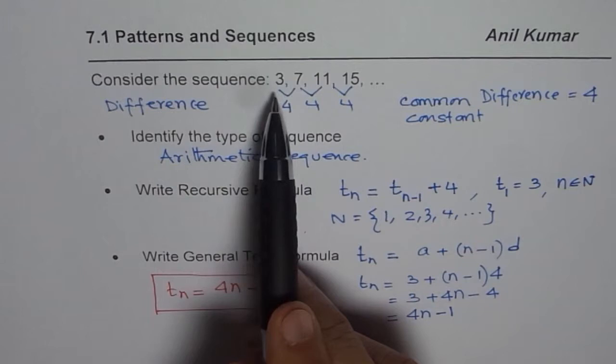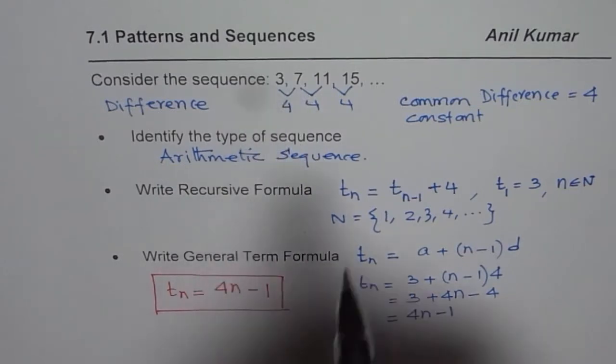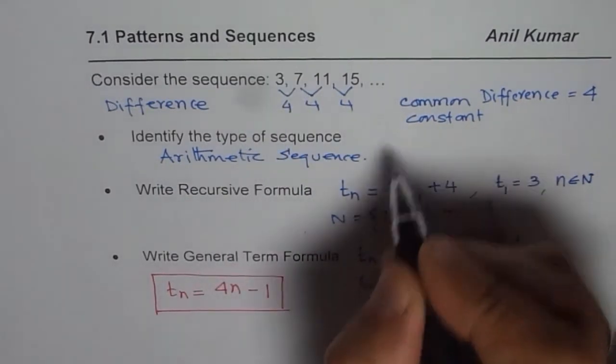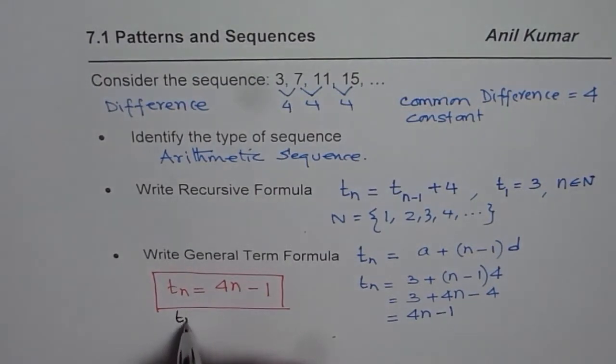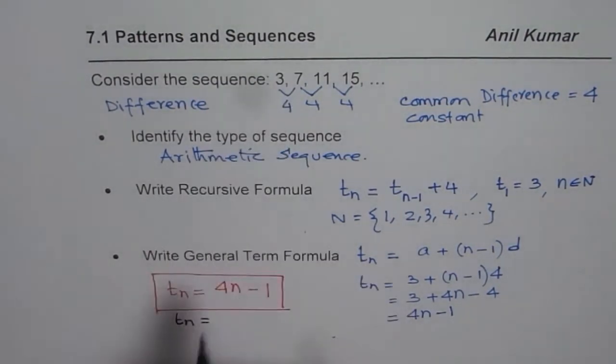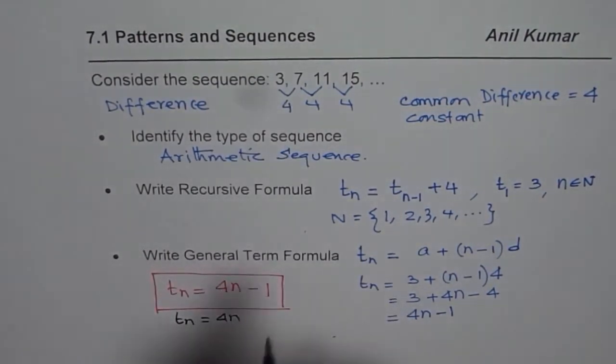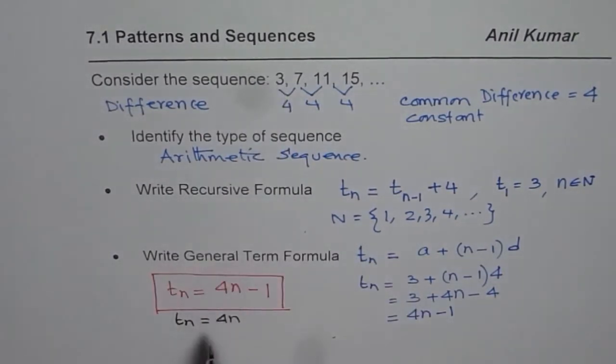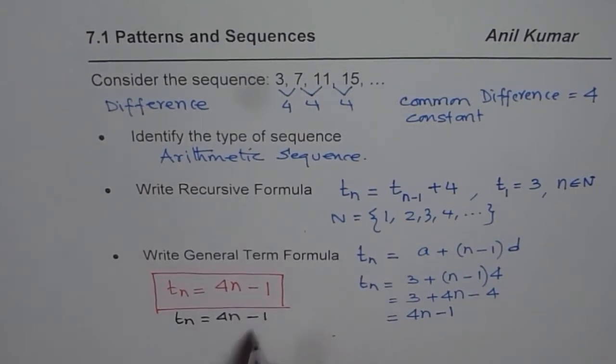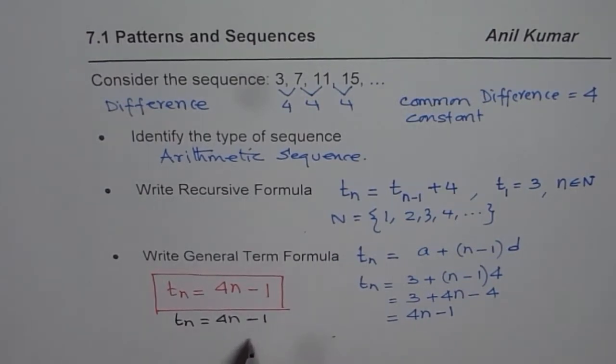How do I get 3? So you can write T of n is equal to 4 times n, and then how do I get 3? n is 1, right? So 4 times 1 is 4. To get 3, I have to take away 1. Do you see that? Straight away, simple logic gives you the general term formula. Okay, so that is how you find it.